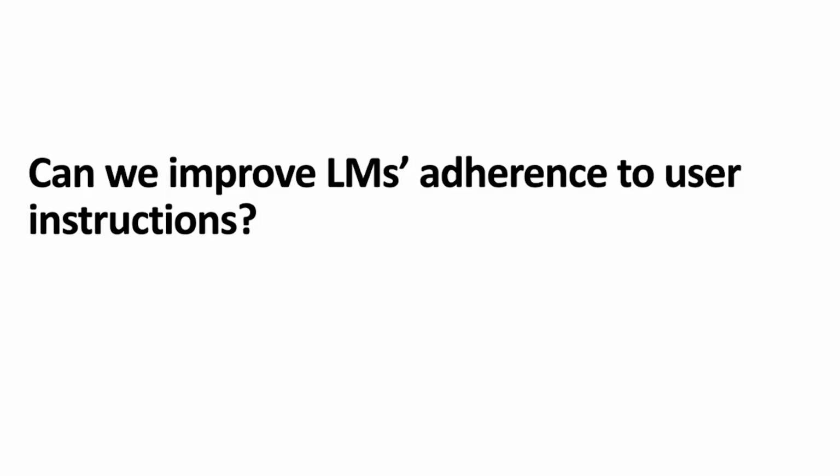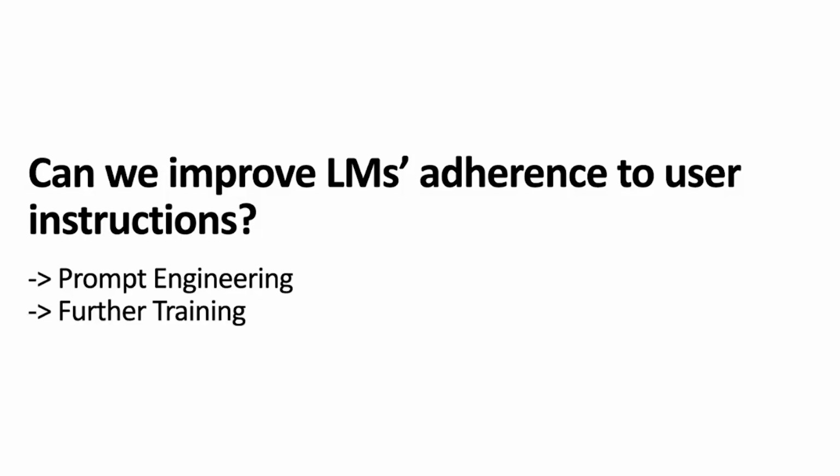To address this question, one can think of many different methods. So for example, rearranging, modifying the information in the prompt in some way. Something that's typically called prompt engineering can be a feasible way to improve the model's behavior. Lots of work has been done in this space.